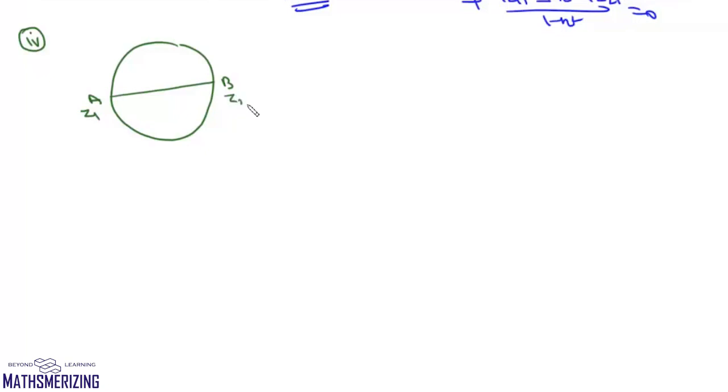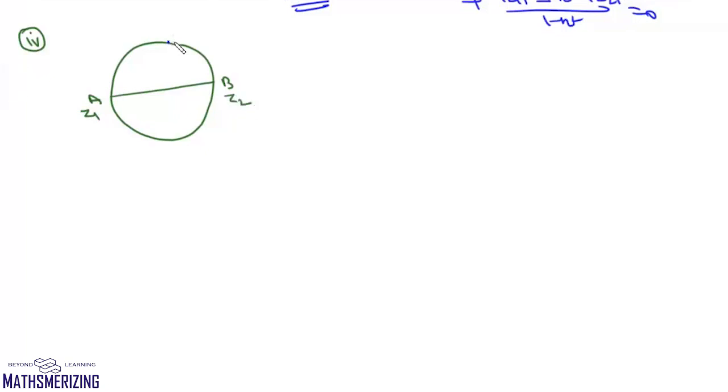Now the fourth way to write the equation of a circle is, if we are given the end points of a diameter. So suppose we have a circle whose diameter is AB, which is given by Z1 and Z2.